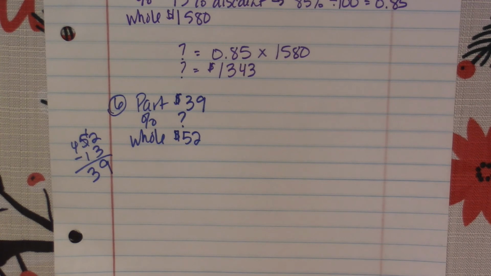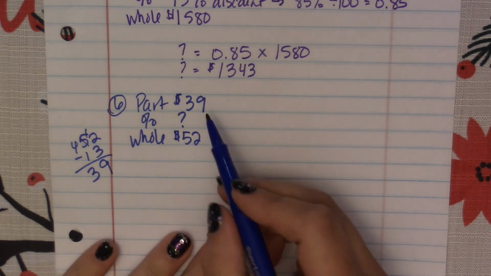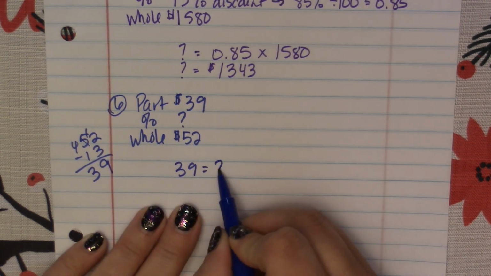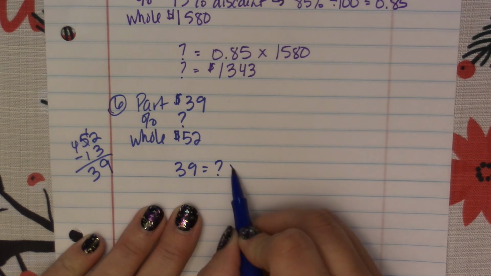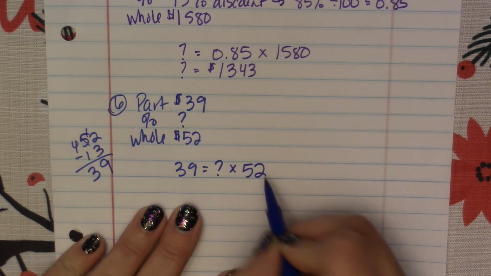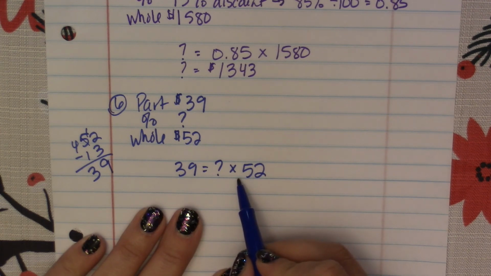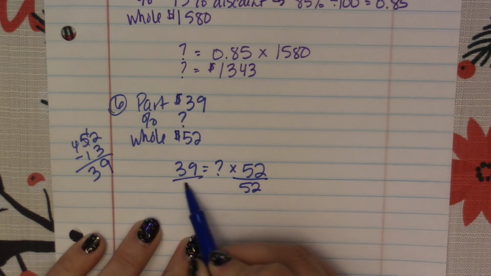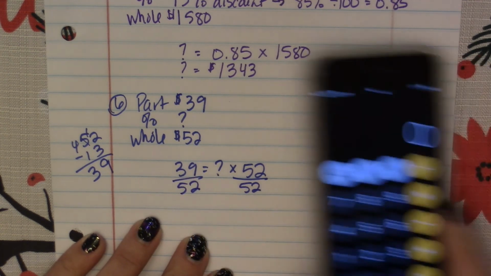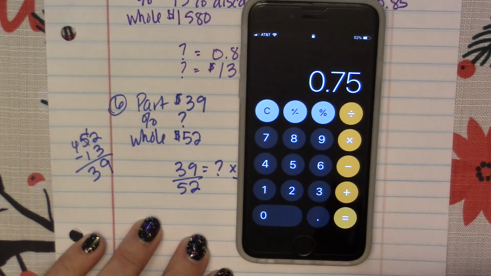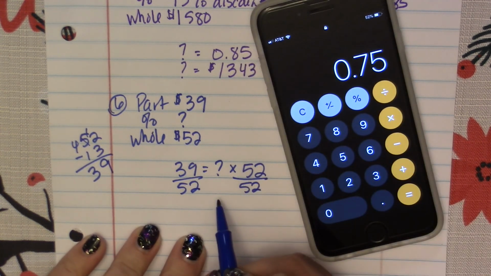All right, so let's put our numbers into our problem. So 39, our part, is equal to our percent, which we don't know, times the whole. We don't know what to multiply by, so we're going to divide. Let's use our calculator here. So 39 divided by 52 is 0.75.